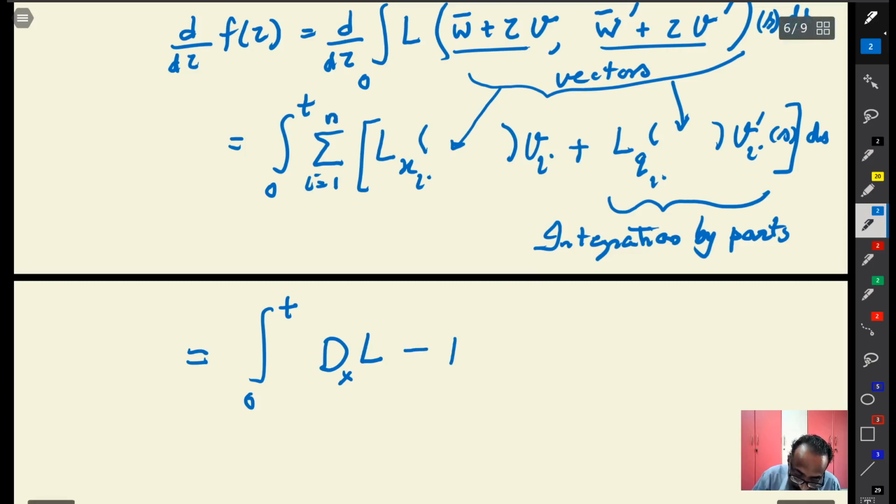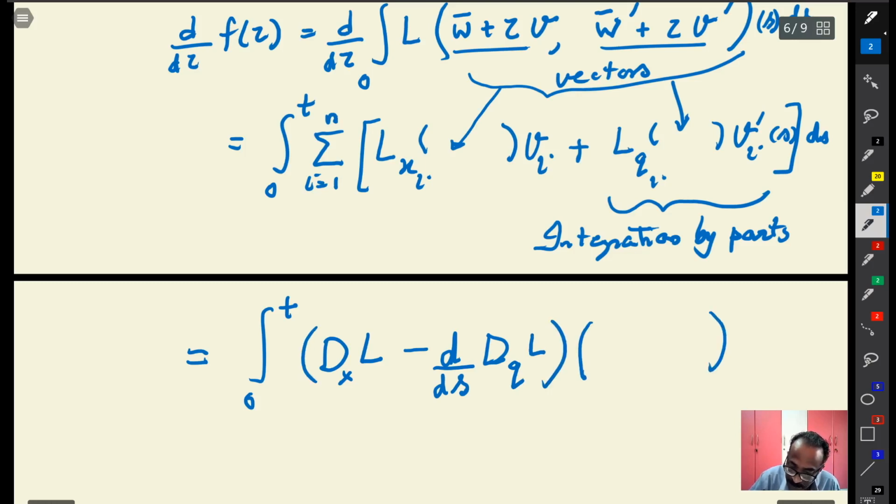So there will be a d by ds of this Vi prime coming. So d by ds of the integration coming here, you will have dq of L, of course evaluated at that variable.